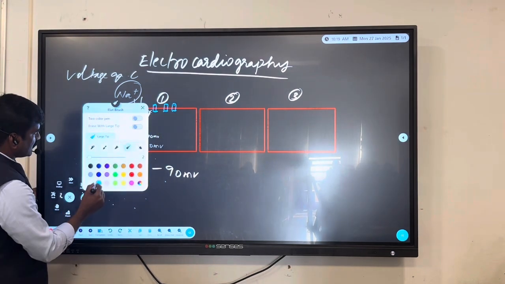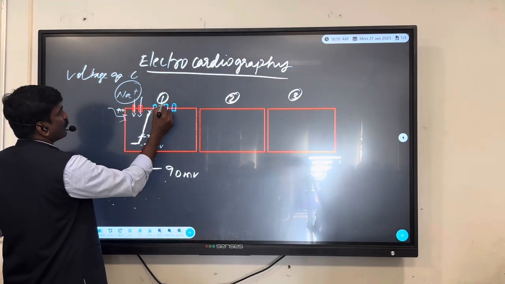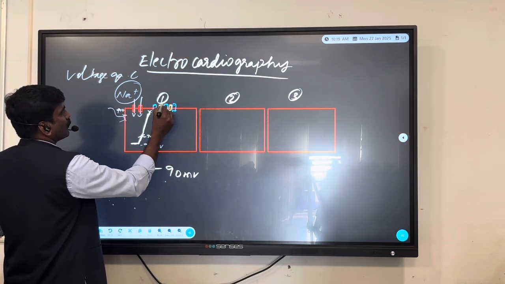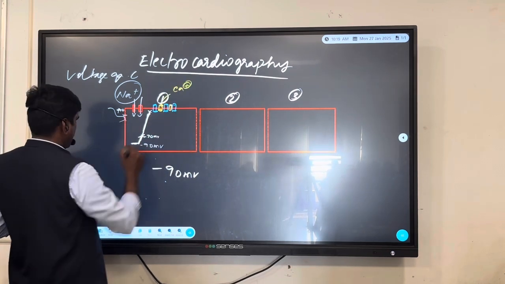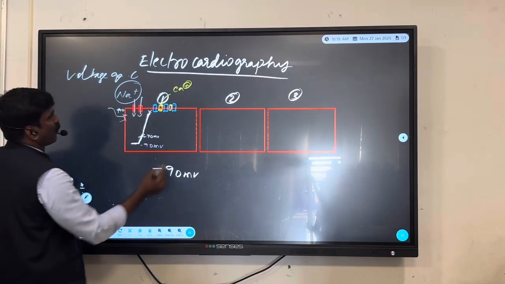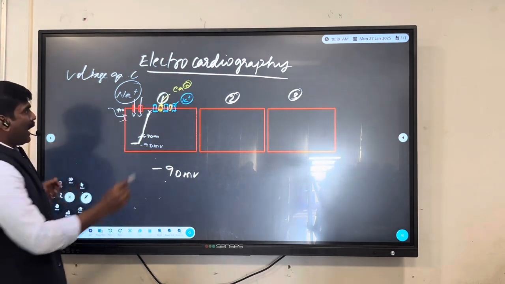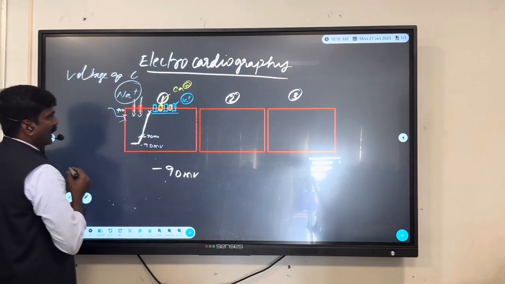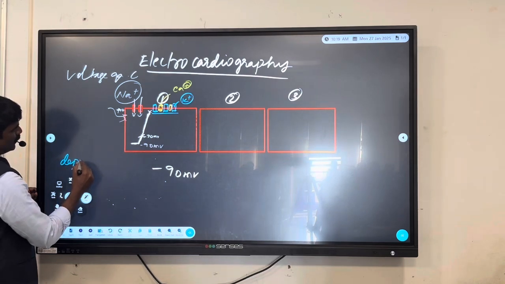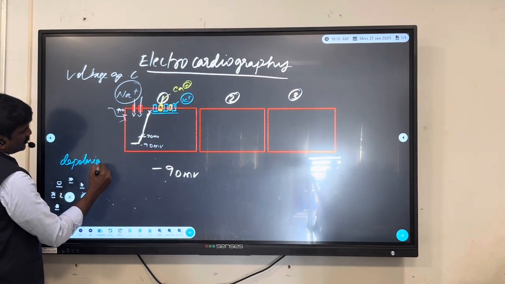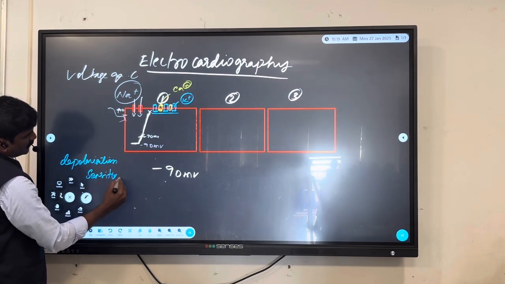And they are called as... right. This channel is called calcium channel, and this channel is called potassium channel, right? And these channels are called as depolarization sensitive channels.